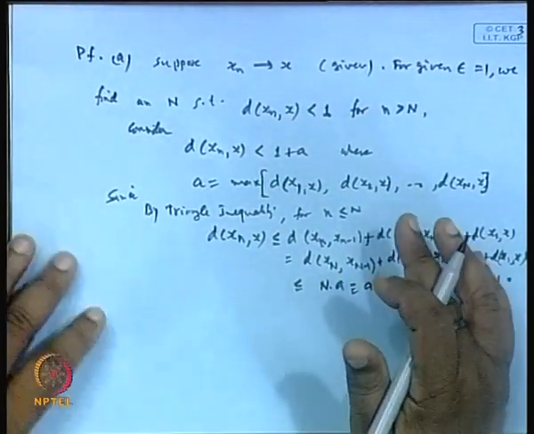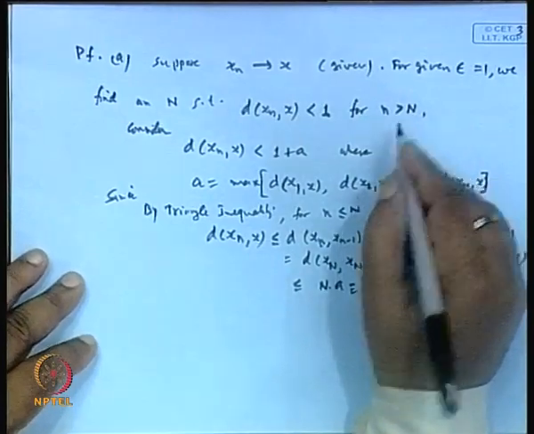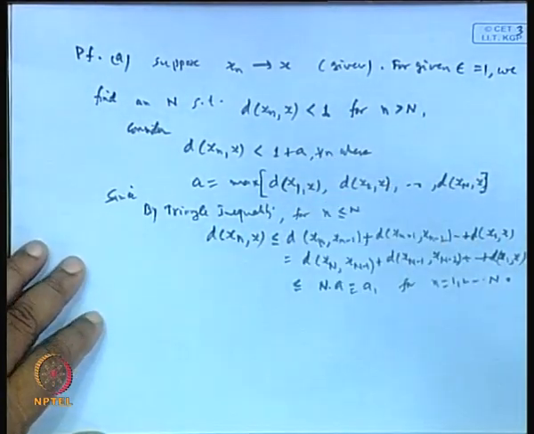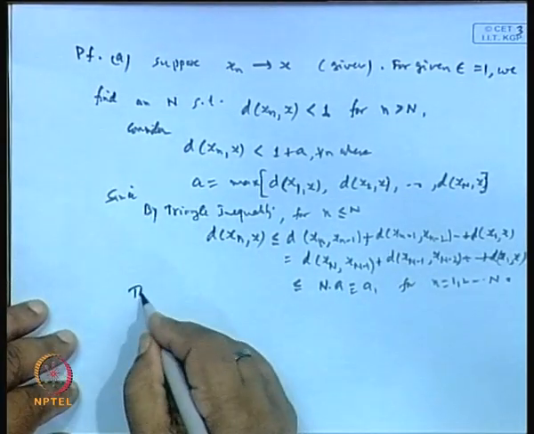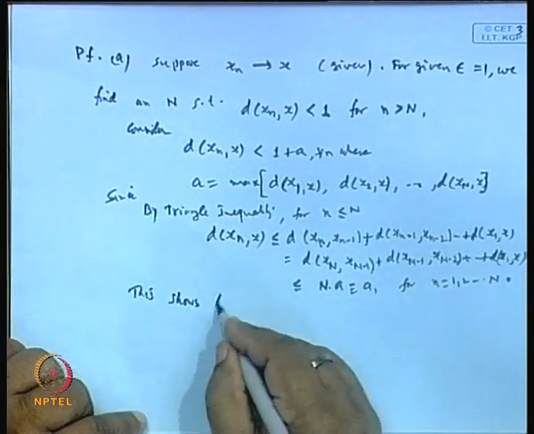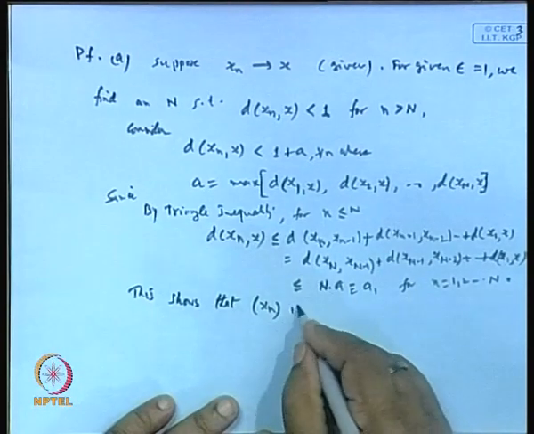This is true for every n. So, this shows that the sequence x_n is bounded.